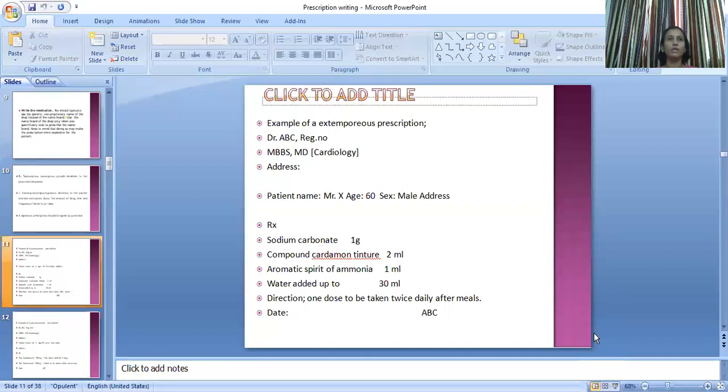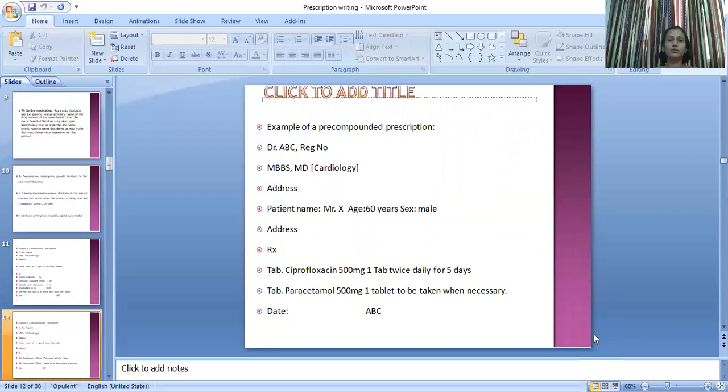Below that, we mention the medications which you are prescribing. At the end of the prescription, on the left side there should be the date of prescription, and on the right side the signature of the doctor.